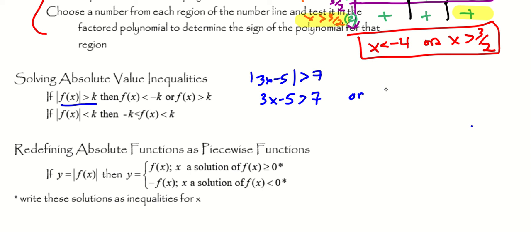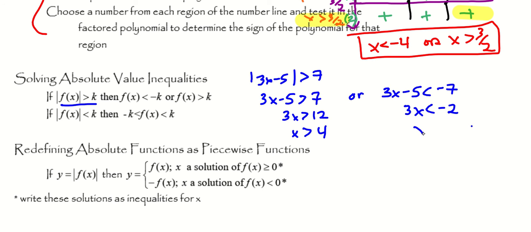So my other possibility would be that 3x minus 5 is less than -7. I solve those and I get 3x is greater than 12, or x is greater than 4. And from the other one, I get 3x is less than -2, x is less than -2/3. So my solution would be that x can be less than -2/3 or x can be greater than 4.